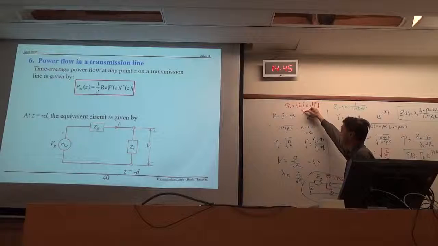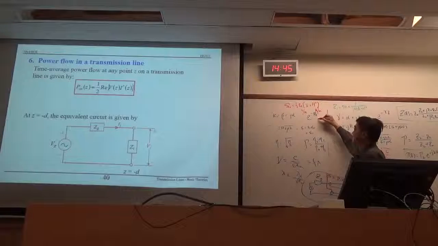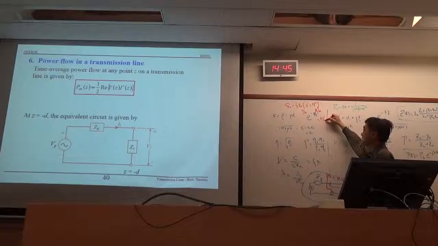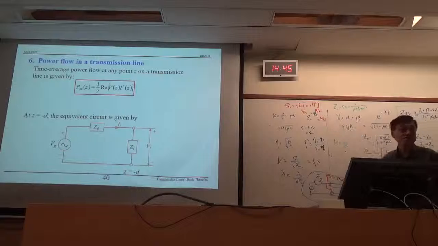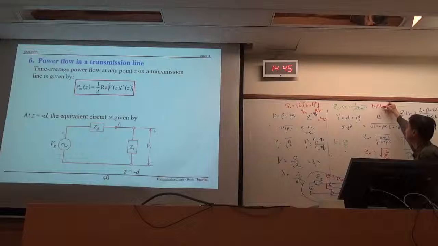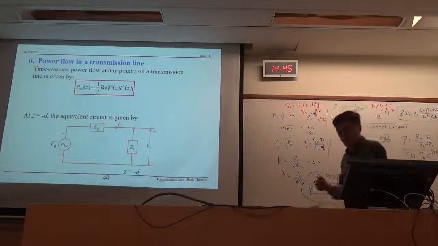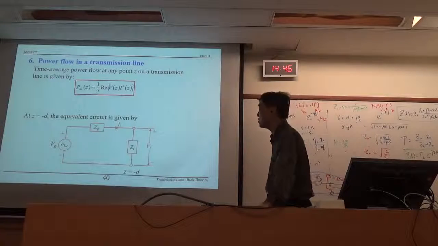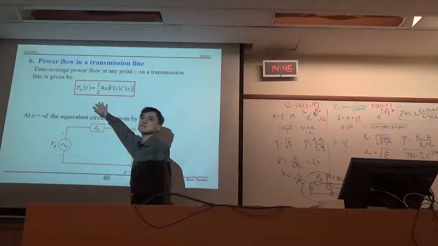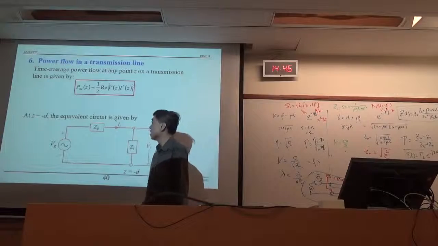E is volt per meter, H is ampere per meter, so it is equal to watt per meter square. The unit is power density, and this power is half real of V cross I conjugate, where V is voltage and I is ampere, so this is watt. So this is power, this is power density. That is the difference between the two. But the equation is again similar: half real V I conjugate.